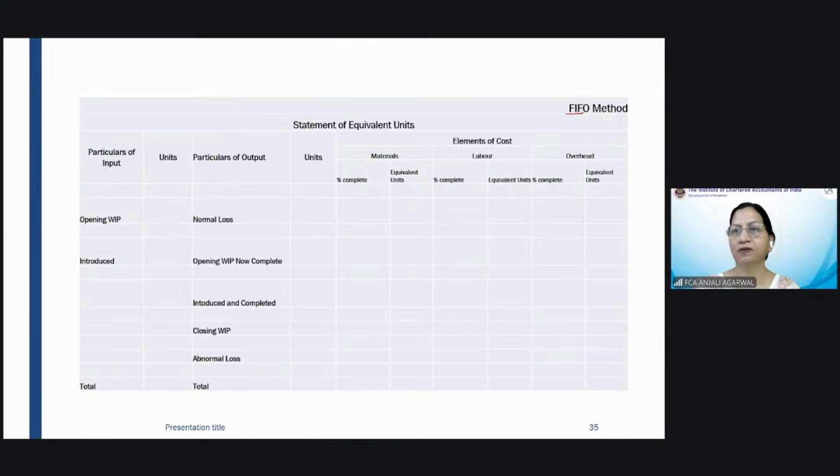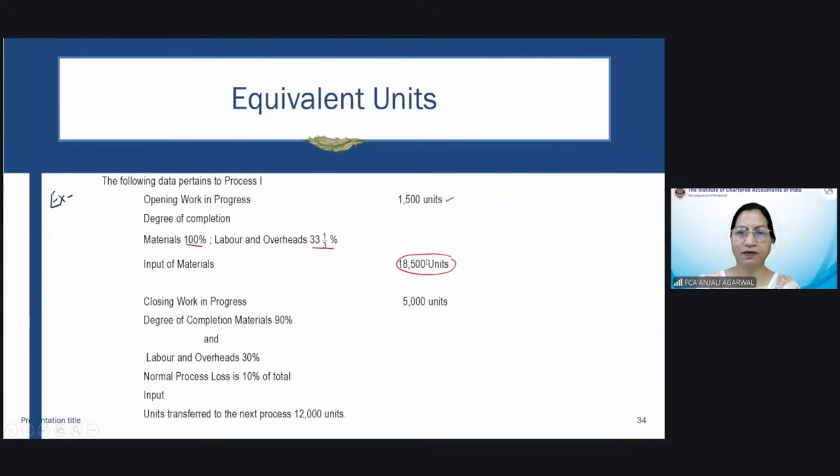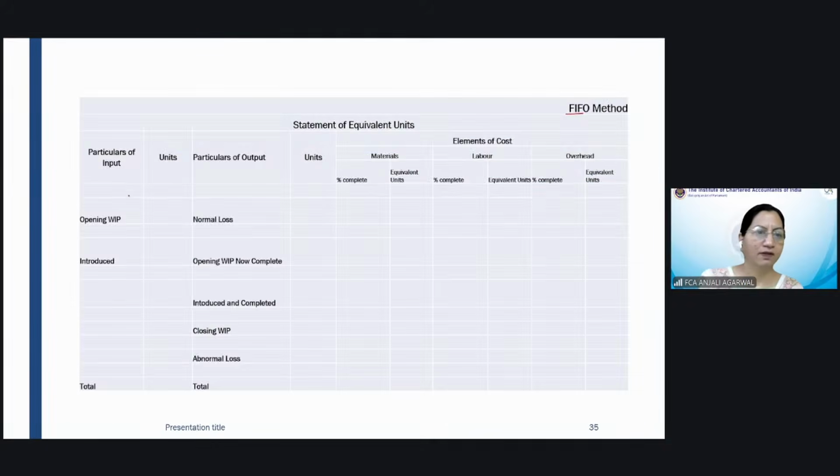And we are following the FIFO method. So like I said, don't get into material, labor, overheads until you have found out whether there is an abnormal loss or abnormal gain. So first we need to find the complete account of input and output units. So input units, like you have seen, 1500 and 18500.